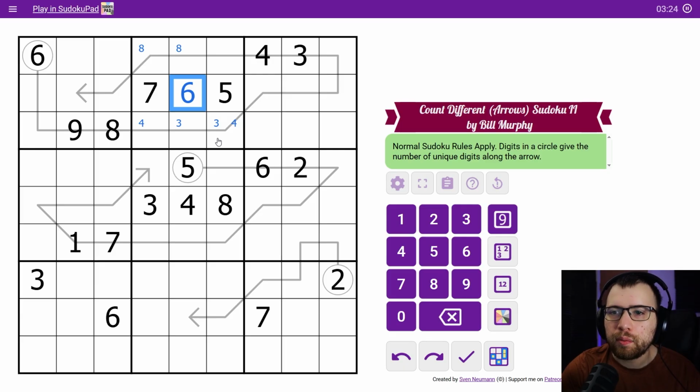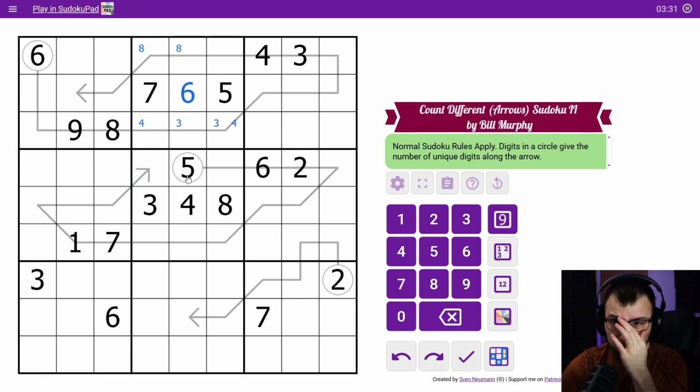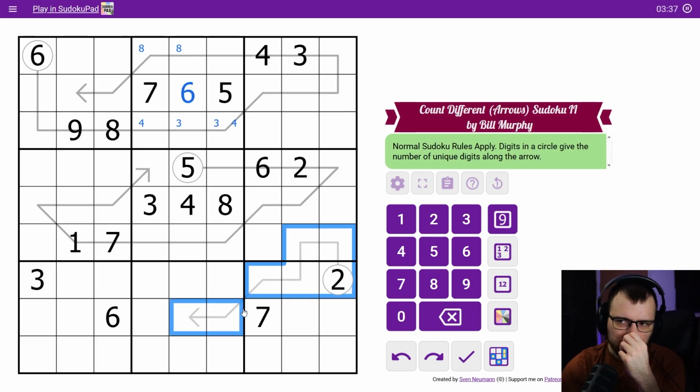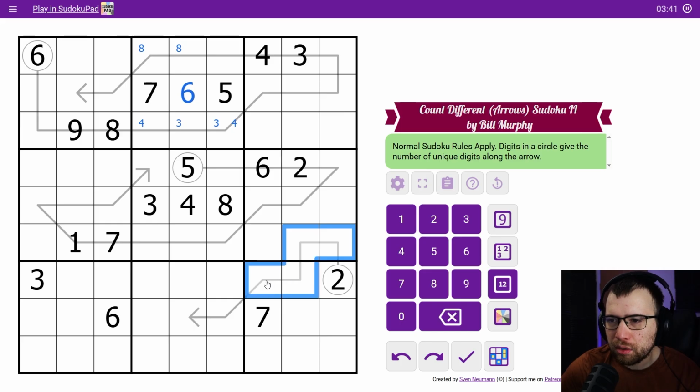It's going to be interesting, though, because we got different arrows here with different numbers. So we have to work that out here. There's only 2 unique digits on this one. That actually might be a place to start. So there's only 2 unique digits. That means that these are all going to be pairs.